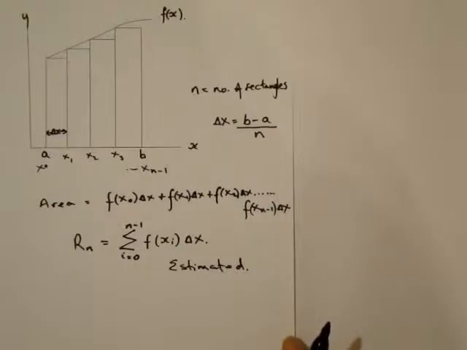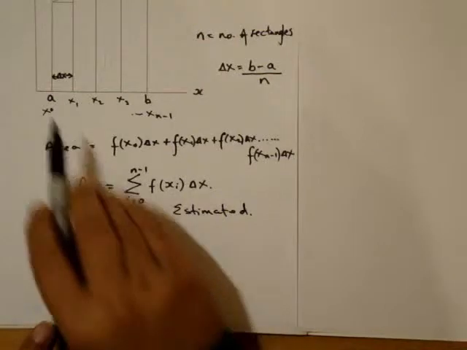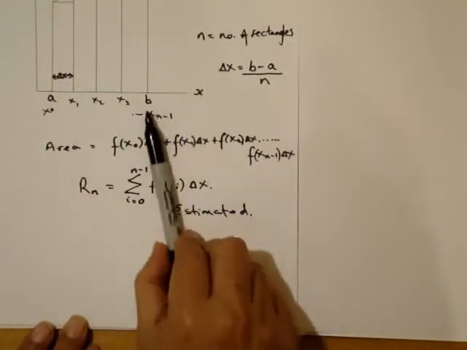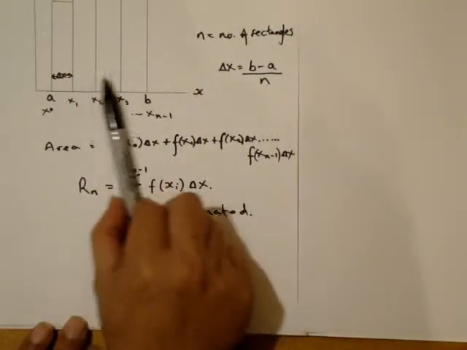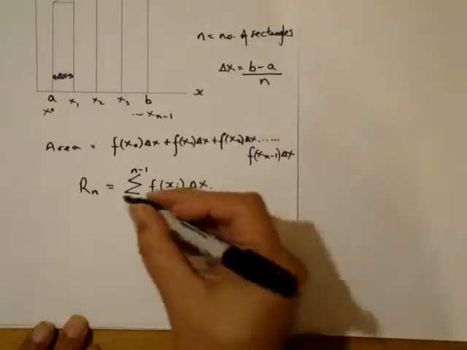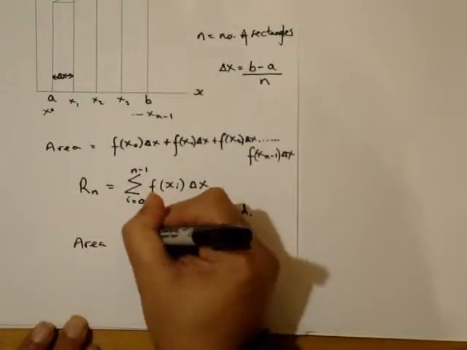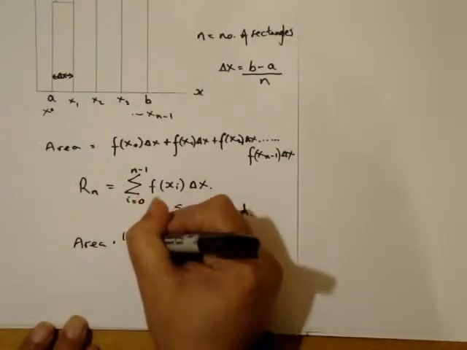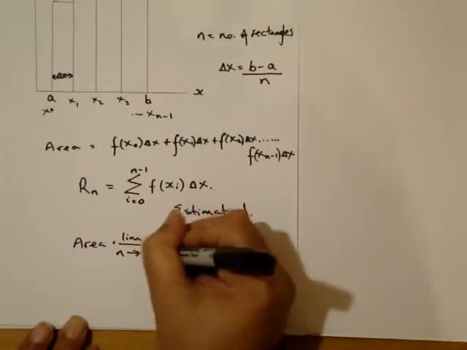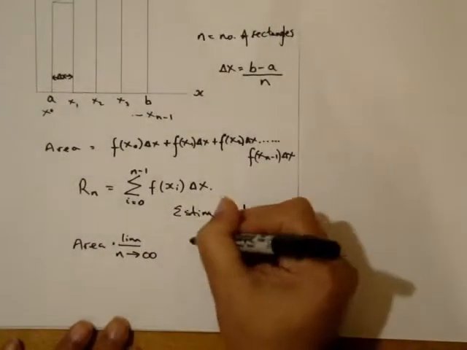If we want a more accurate area, what we have to do is then take more rectangles. So we would split these further and the area as a limit as n tends to infinity would give us an accurate area.